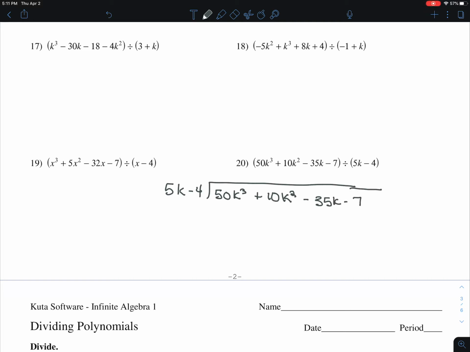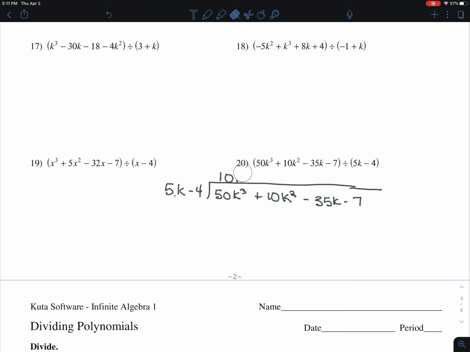Okay? So we do it exactly the same way. We're just going to have an extra step. So what can I multiply by 5k to get 50k cubed? 10k squared, because this is k cubed, and I need this to be times k. So I need k squared times k.